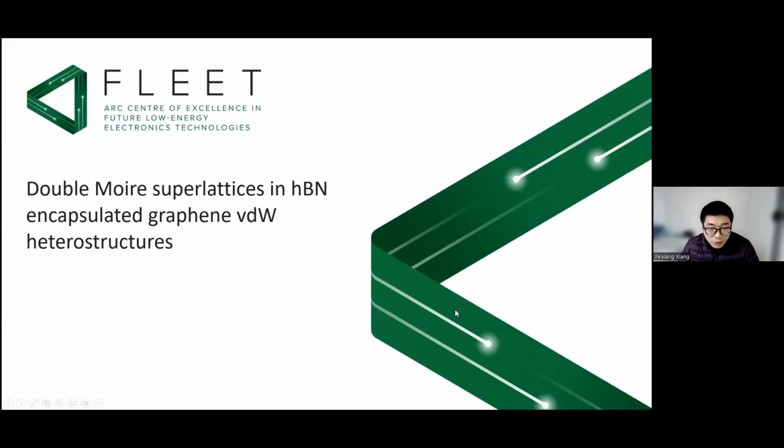So the first part of my talk will be the double moiré superlattice in hBN encapsulated graphene van der Waals heterostructures.